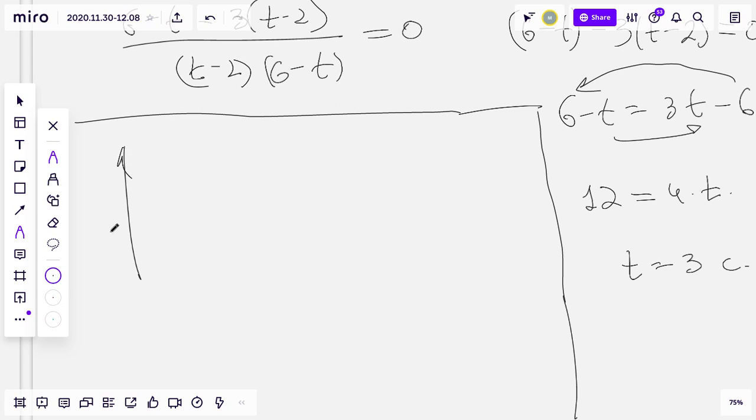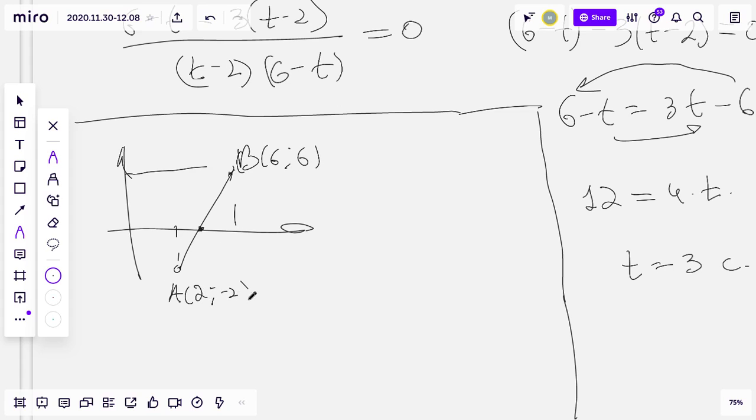I see this plot where we must find this time moment. I have two points with known coordinates: point B equals (6, 6), point A equals (2, minus 2). We must find the coordinates of the point of intersection between two lines.